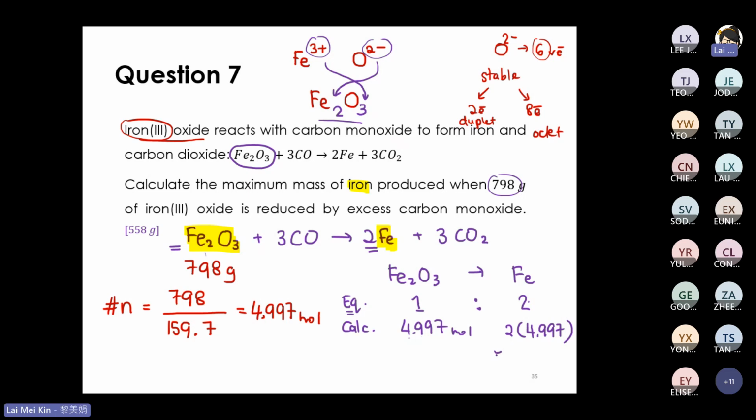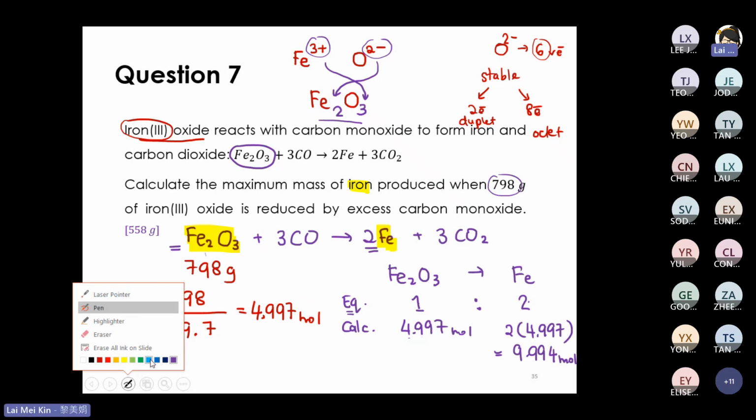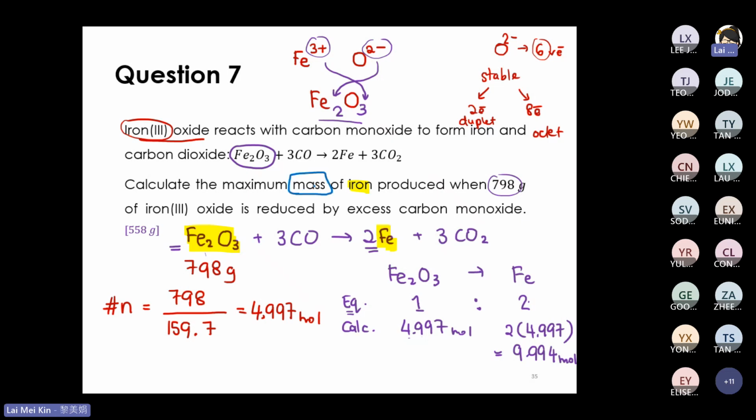So what's the number of mole of iron? 9.994. Don't forget mole. Is that all? What's the next one? Multiply by the molar mass, because the question asks for the mass.